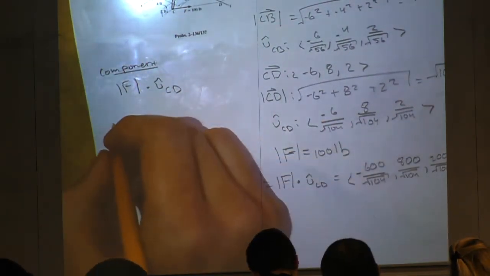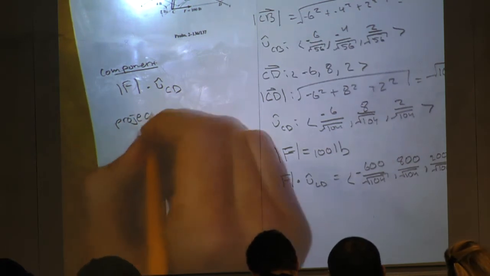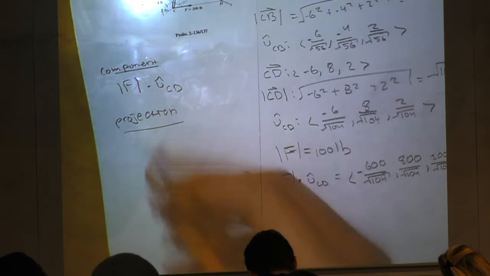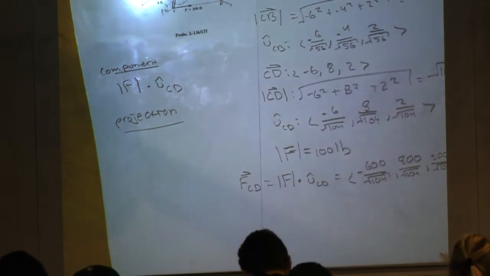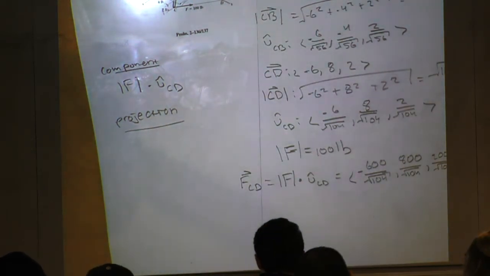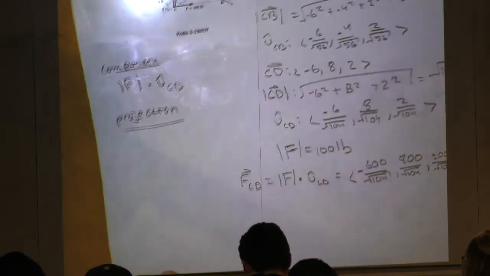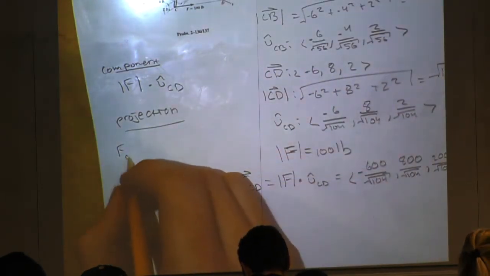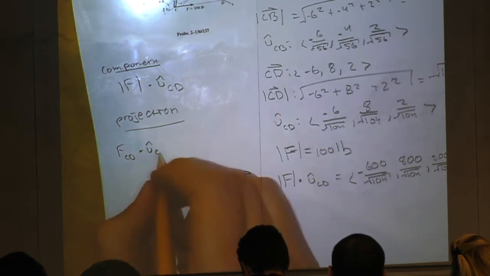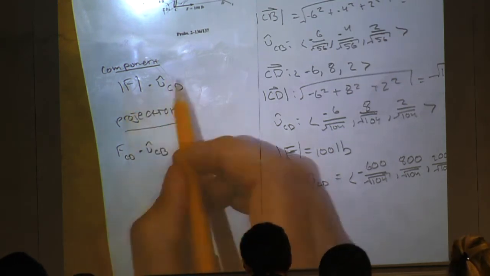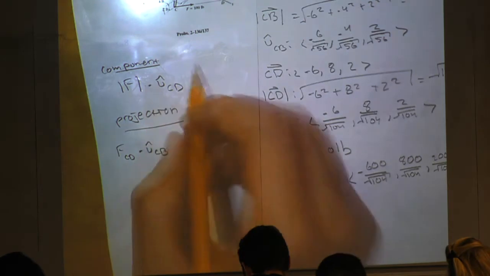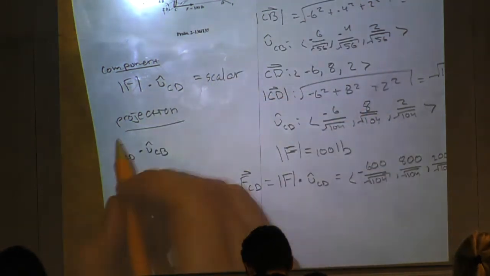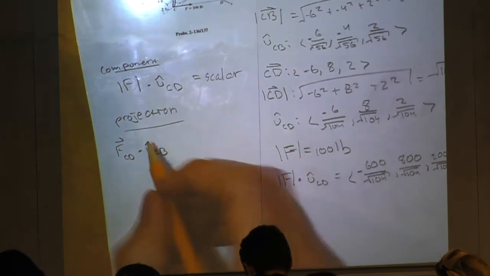Now the projection would be, oh, and you do this with x and y. I don't know if maybe unknowingly, but to find the x component of a force or the y component using sine or cosine, that's component. The projection is dotted with a unit vector. So this gives me a scalar, right? I don't know what it is, but it'll give me a scalar because that's how they work.